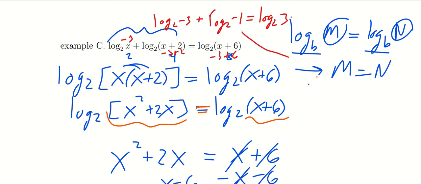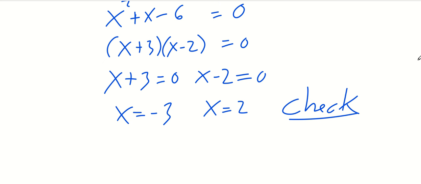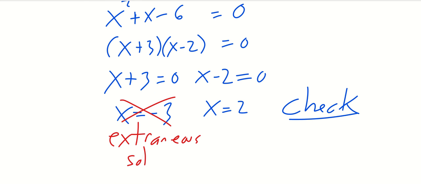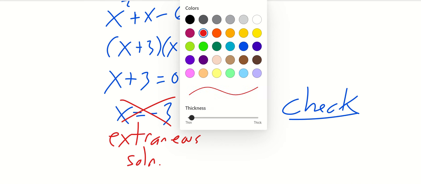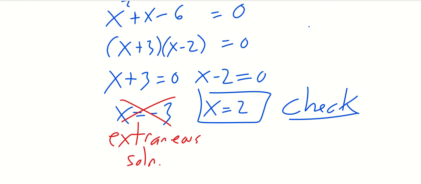The moment you have a single negative number inside of a log, either from this one or this one, those are going to be undefined for us. So this value, x equals negative 3, is not a solution. It comes out in the work, but it actually does not solve the original equation. So we refer to those as extraneous solutions. Therefore, this particular log equation just has one answer, and that's going to be x equals 2.